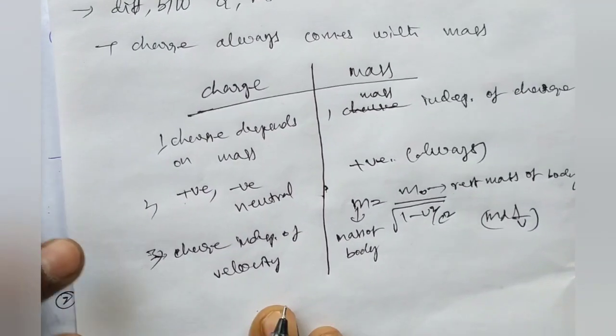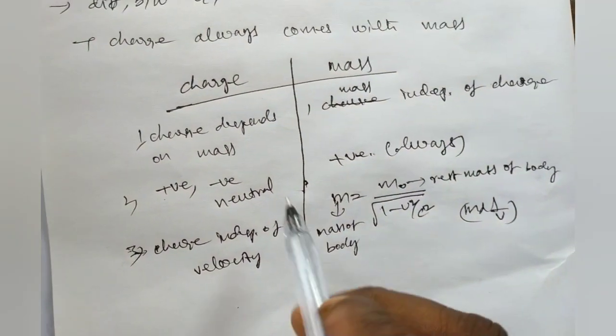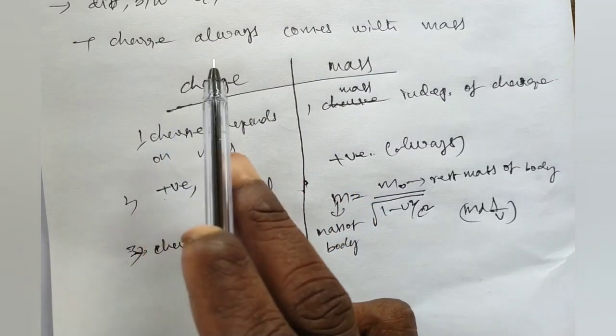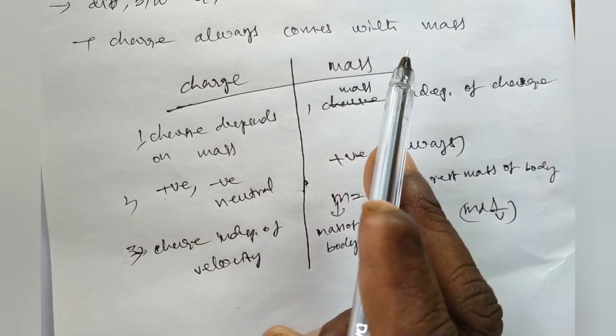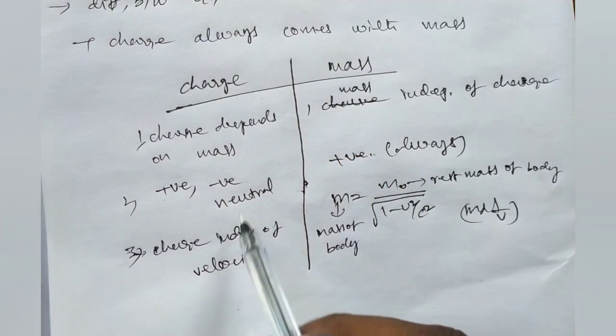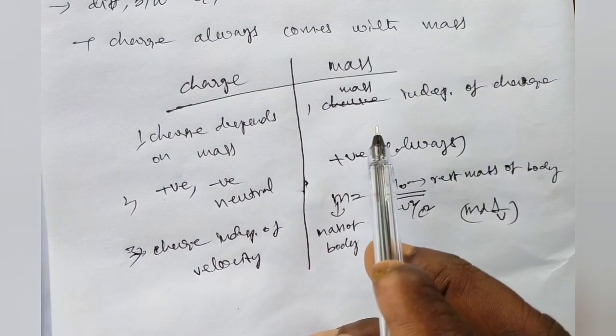This is the relation between charge and mass. That means charge always comes with mass, but mass does not come with charge. There is a difference between charge and mass.